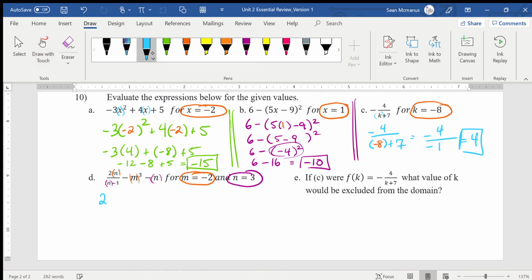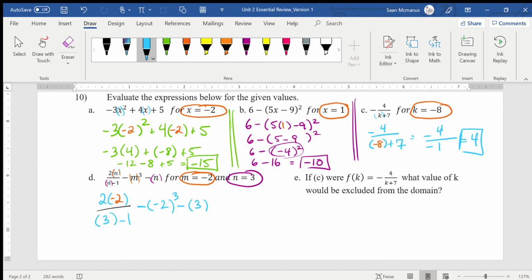So 2m, and I know m is -2, over, and the bottom I have an n, which I know is 3, minus 1, and that whole fraction minus m to the third power, and I know m is -2, minus n, which I know is 3.